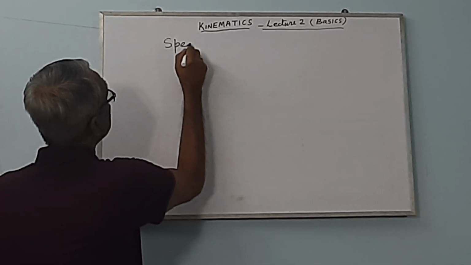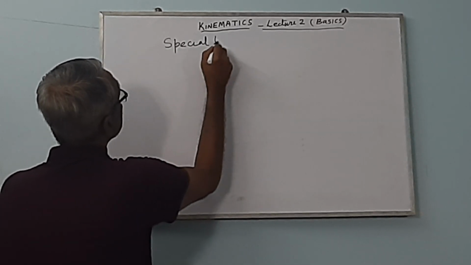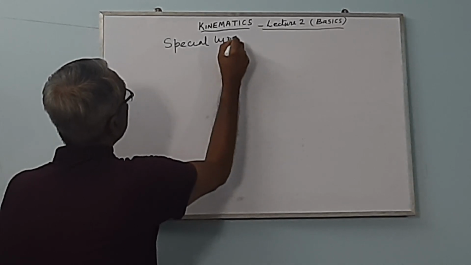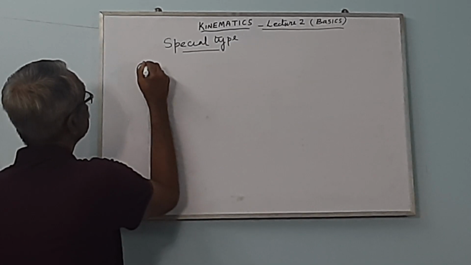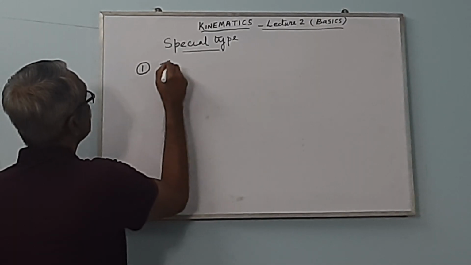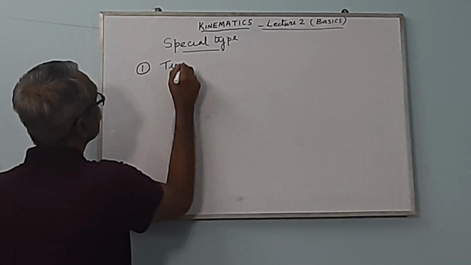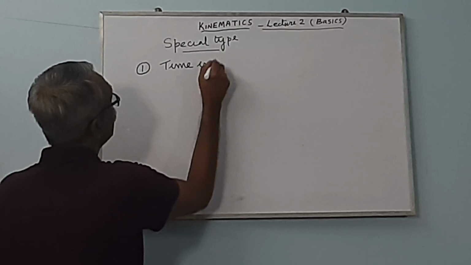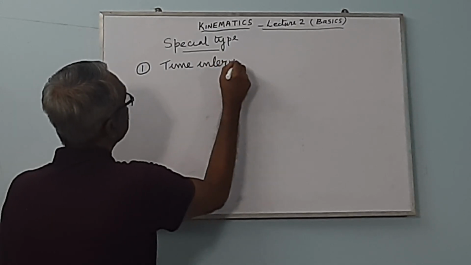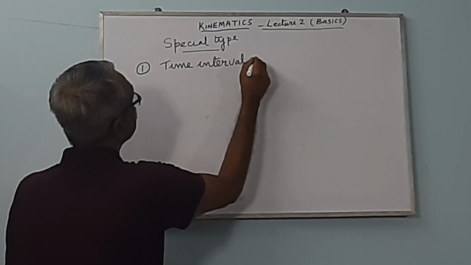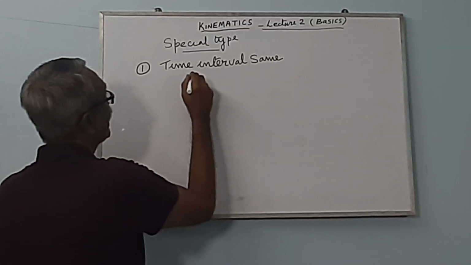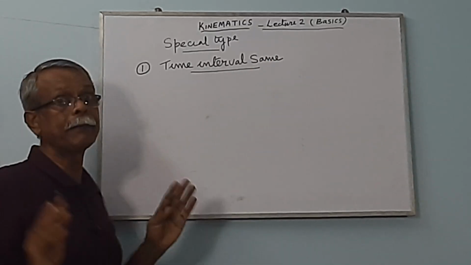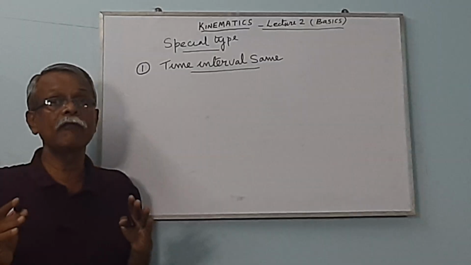Special type means, the first case, time interval same. That is the characteristic of that type. The given time interval is same.